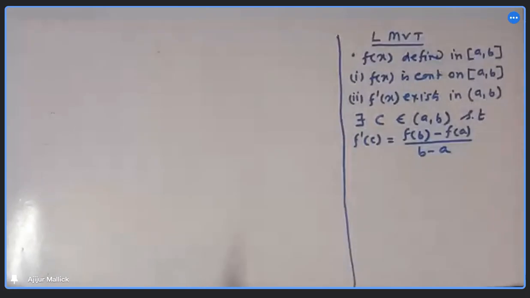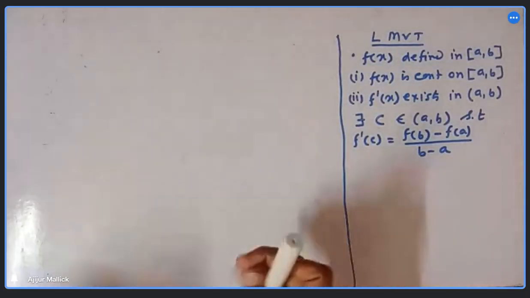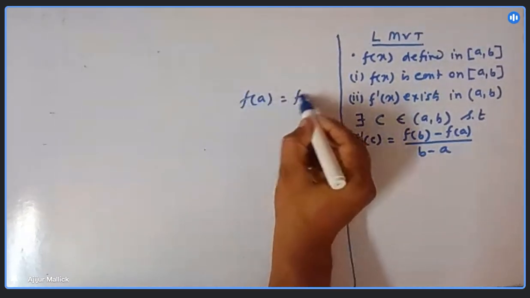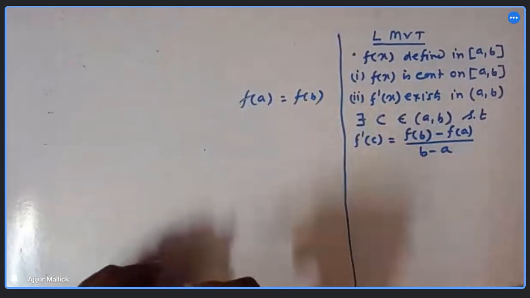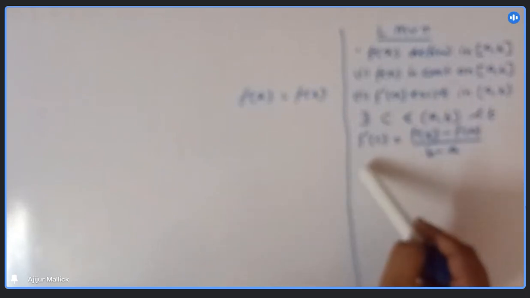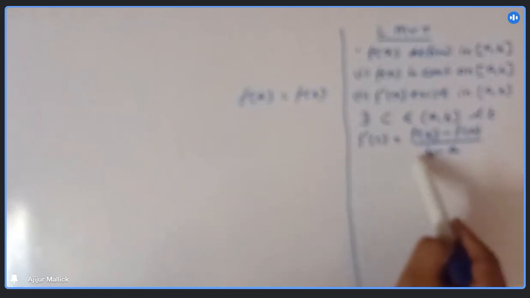And in Rolle's theorem, what was the third condition? The third condition was f of a is equal to f of b. And if I put here f of a is equal to f of b, then we get f dash c is equal to 0.